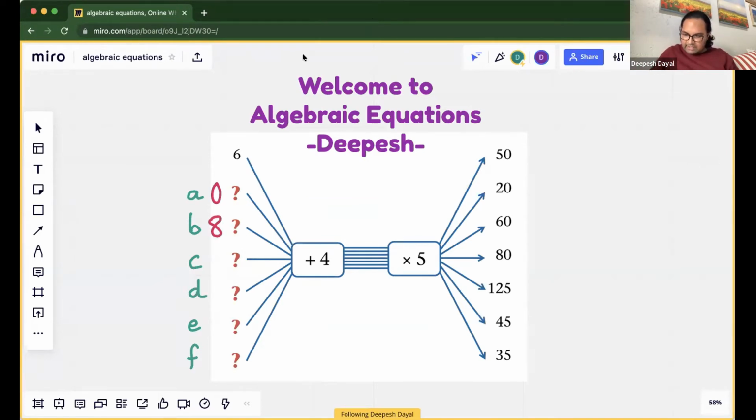What about C? What is C's answer? I'm getting some answers. I'm getting 12. So you say 12 plus 4 is 16, times 5 is 80. You all are really good at this.